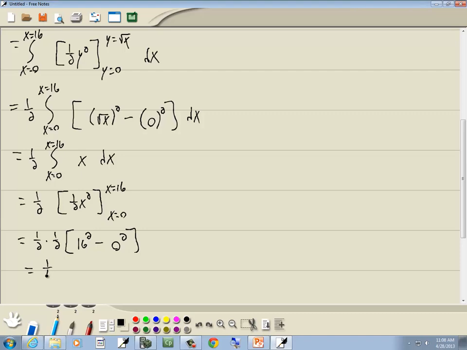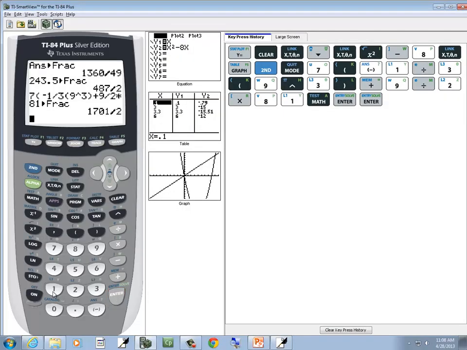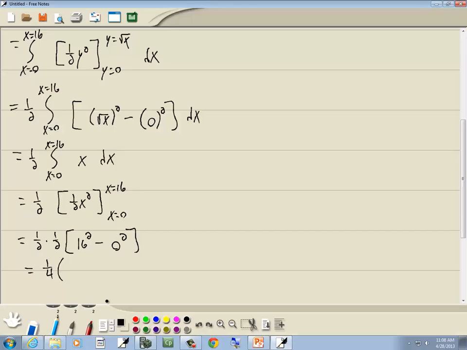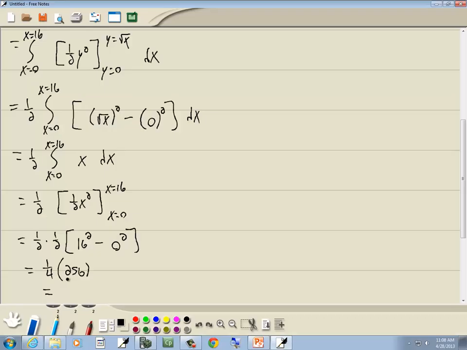And that gives us 1/4 times something. 16 squared is 256. And 256 divided by 4 I think is 64, but let's check. 64. So that's our answer.